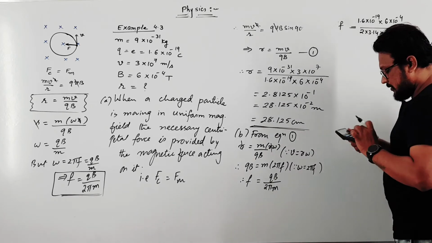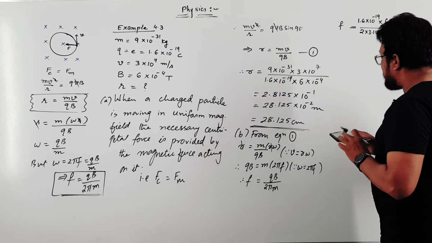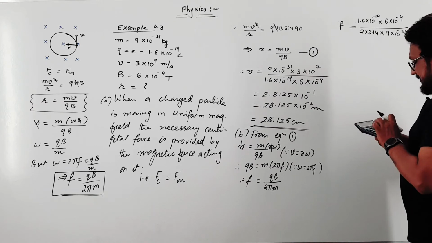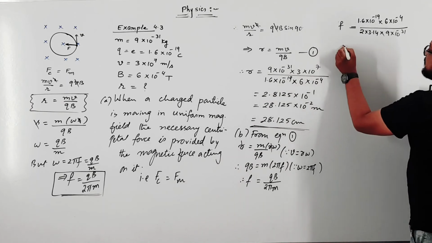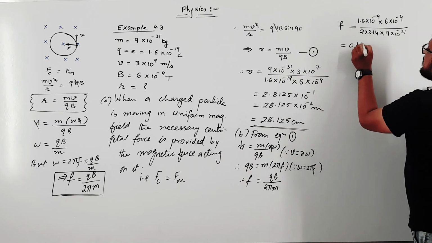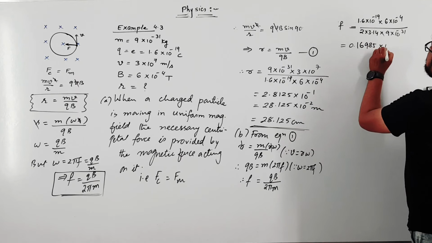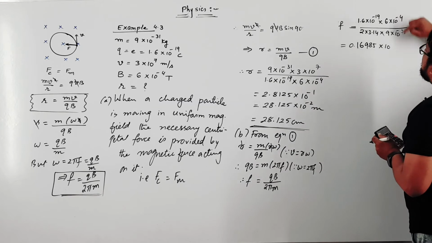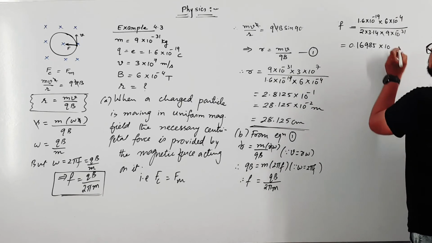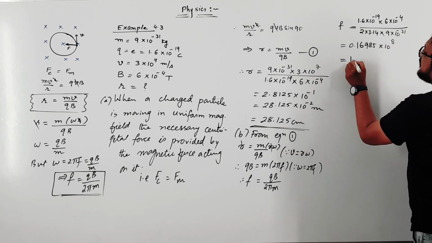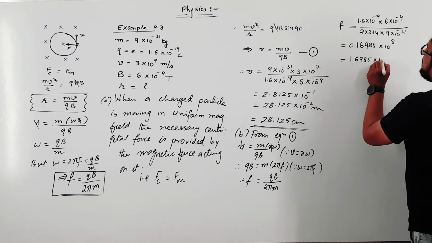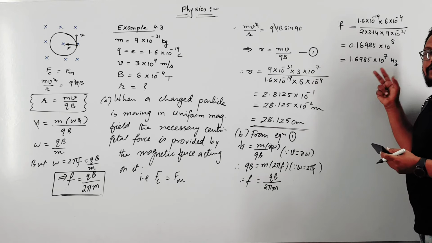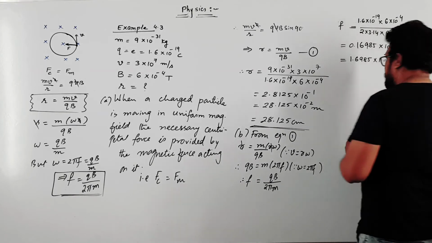So 1.6 into 6 divided by 2 divided by 3.14 divided by 9 will give you 0.16985 into 10 to the power, again look, minus 19 minus 4 is minus 23 plus 31 is 8, 10 to the power 8, or you can write 1.6985 into 10 to the power 7 hertz. If you want, you can round up 1.7 into 10 to the power 7 hertz. This will be its frequency.